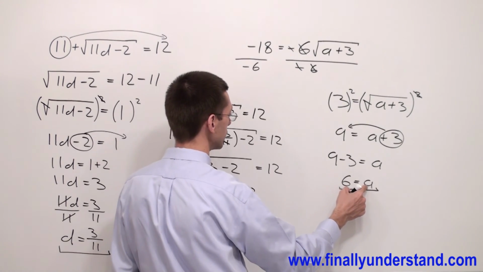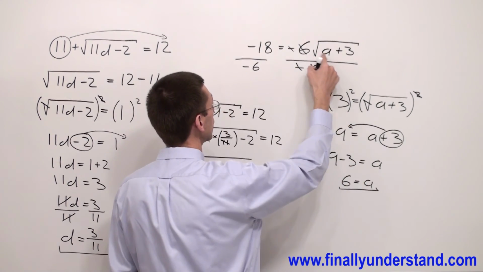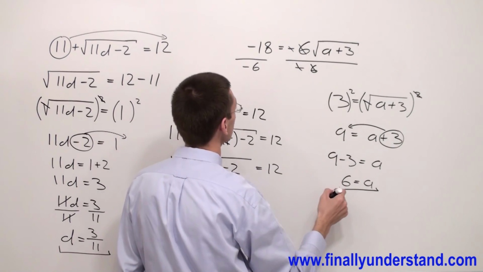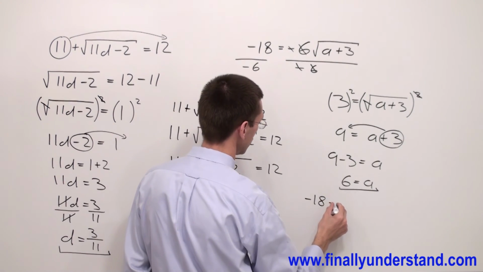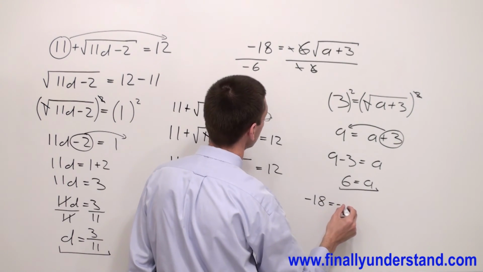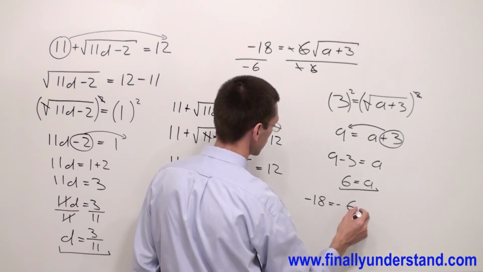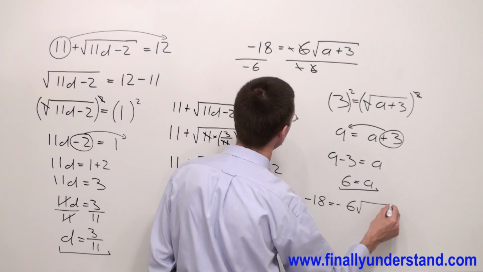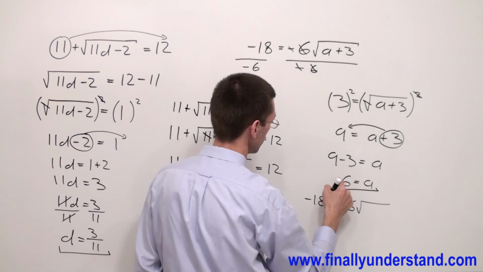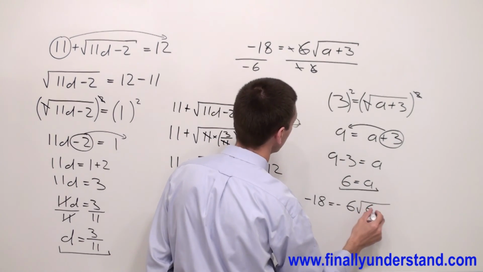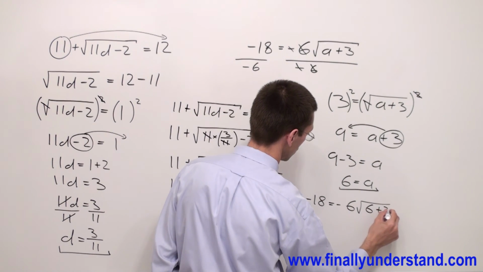I'm going to replace a in my original equation by 6. I have negative 18 equals negative 6 square root of a, which has to be replaced by 6, plus 3.